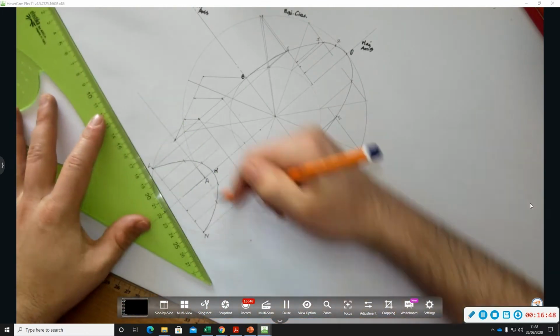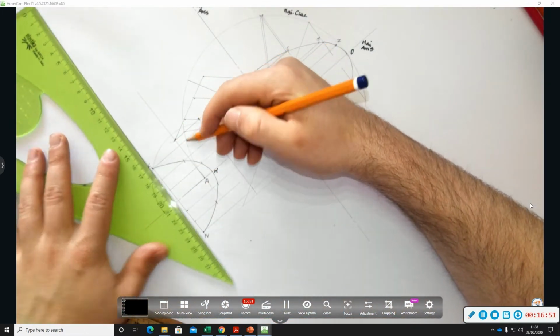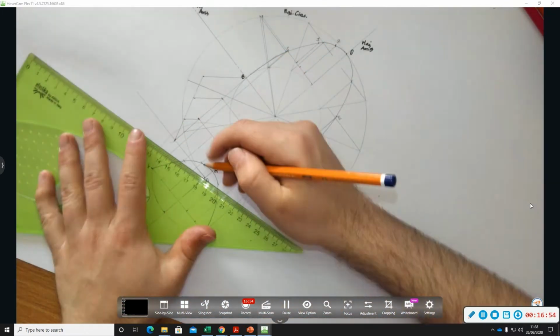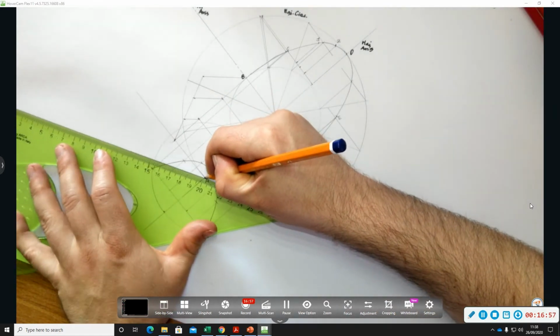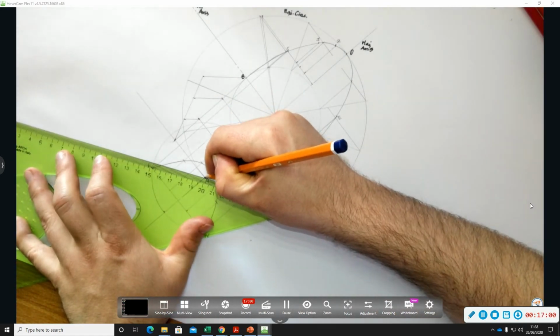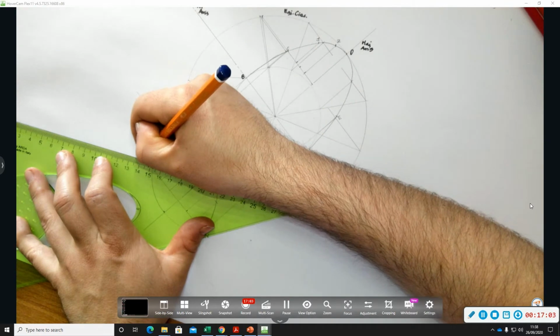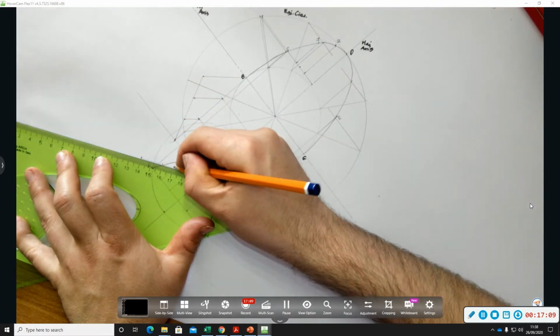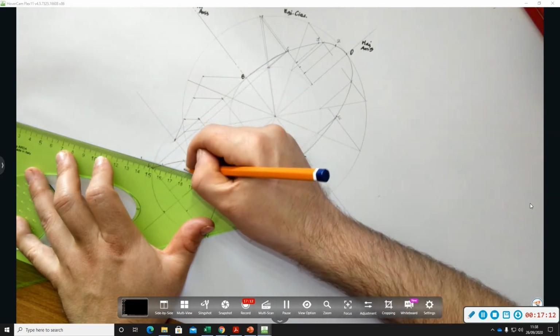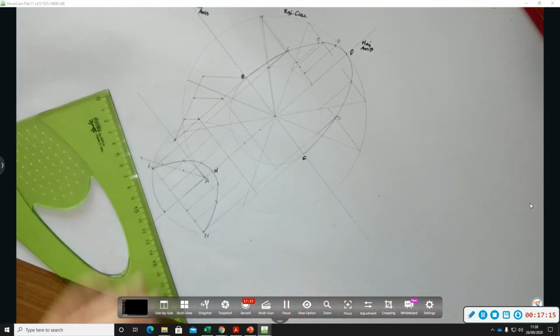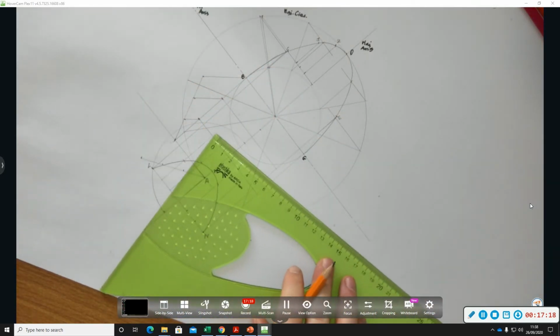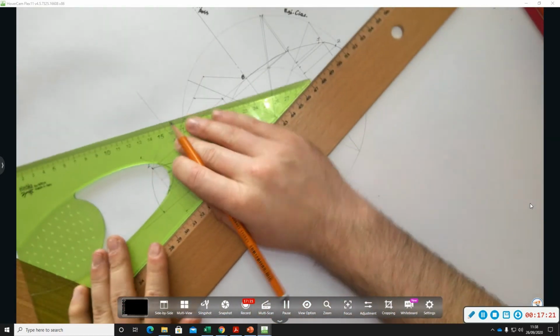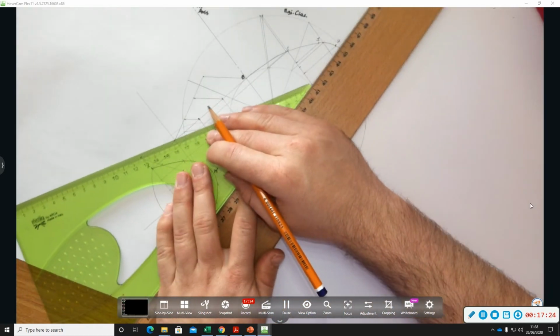Now I'm going to divide this line up here equally. So I'm going to draw a line at any acute angle. I want to mark 3 equal divisions on it, so I'll mark every 20 again. So I'm going to join the last one here.